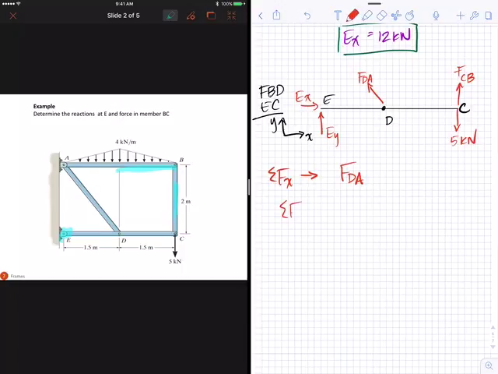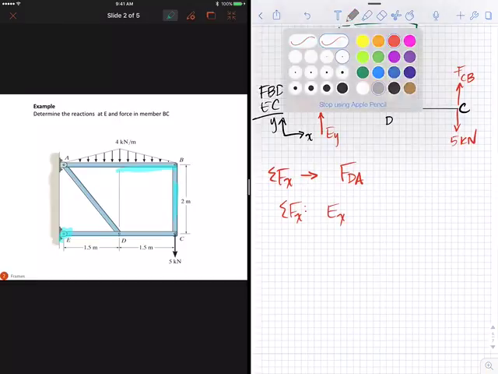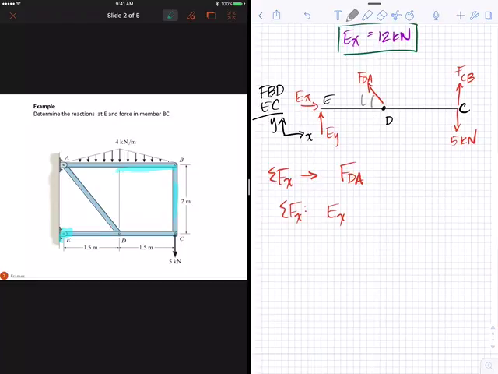So let's do that. Sum of forces X. We have EX, and now we have this angle here, theta. So what's our triangle? I'm drawing now on the left. I've got this triangle here of 1.5, 2 meters. Again, I plug this into MATLAB. Make sure you can solve for this.